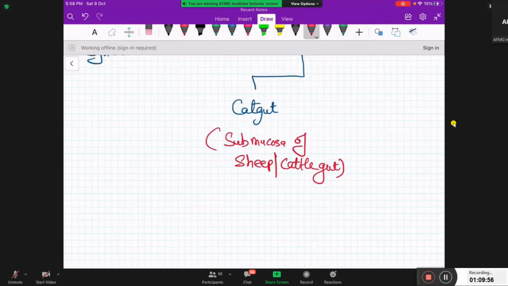Now, an important point to note in this catgut suture material is, since it is derived from a natural source, it has a property of spontaneous disintegration. To prevent its spontaneous degradation, we always keep this suture material in a pack with a solution inside.